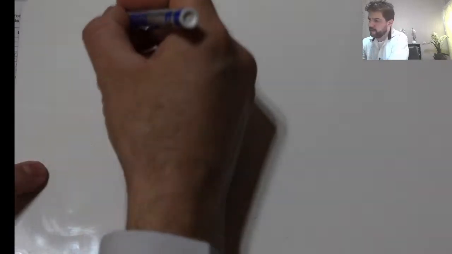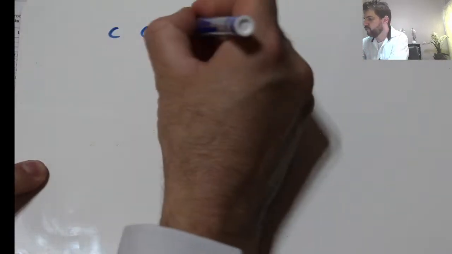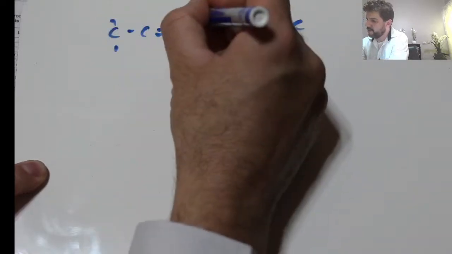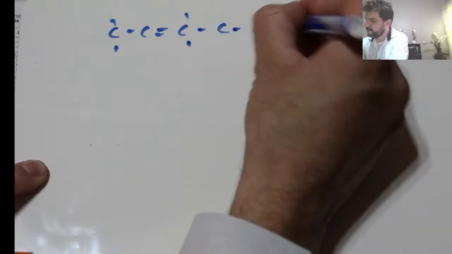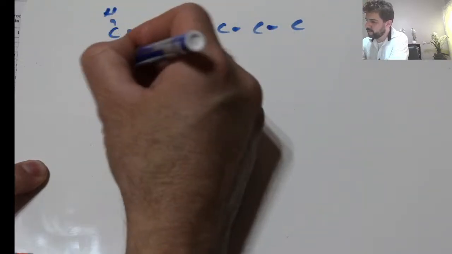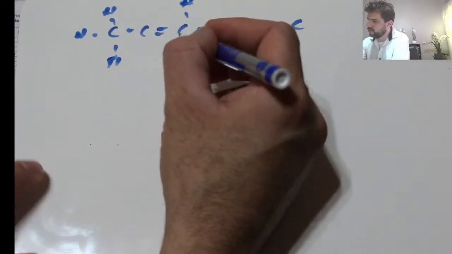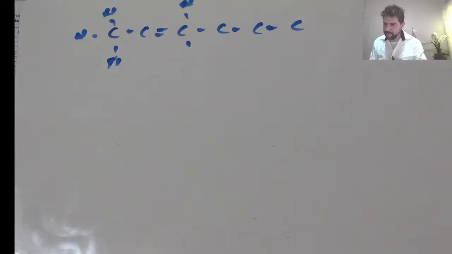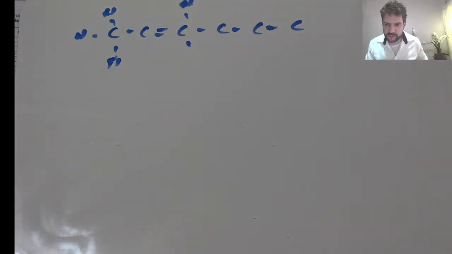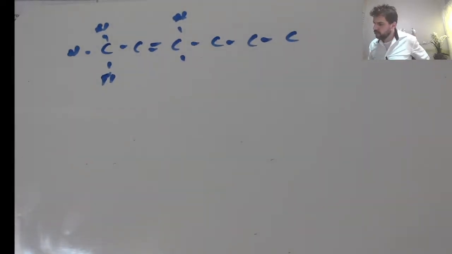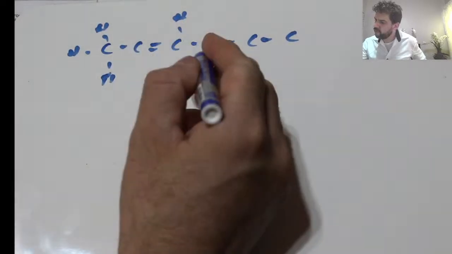It's hex-2-ene. Hex-2-ene is 1, 2, 3, 4, 5, and 6. Trying to fix this one for you to see it. Okay, we are here. Let me move it a little bit down. There we go. So we have 1, 2, 3, 4.